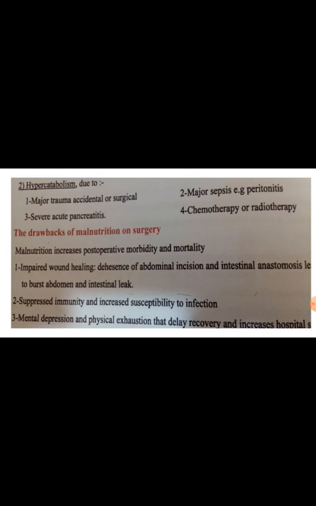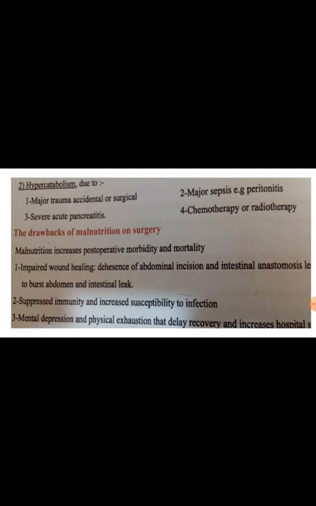In cases of chemotherapy and radiotherapy, there is destruction of the cells and destruction of the proteins. So hypercatabolism occurs in the surgical patient due to increased inflammatory response, like in trauma, sepsis, or severe inflammations like acute pancreatitis, or maybe due to drugs like chemotherapy or radiotherapy.